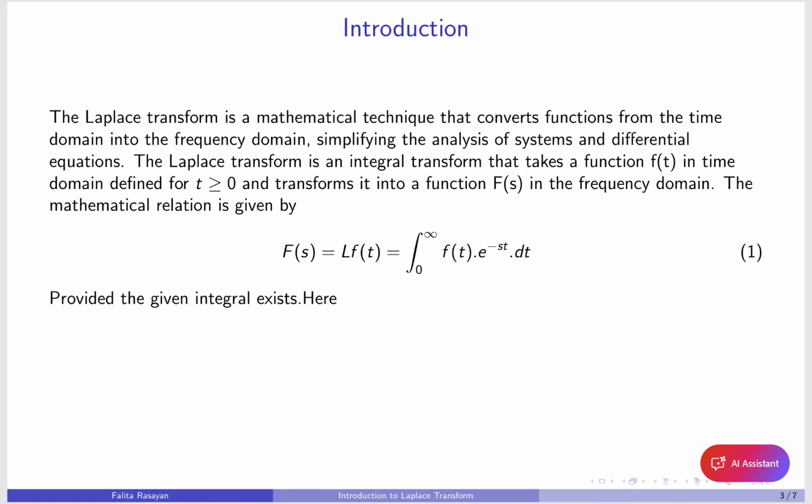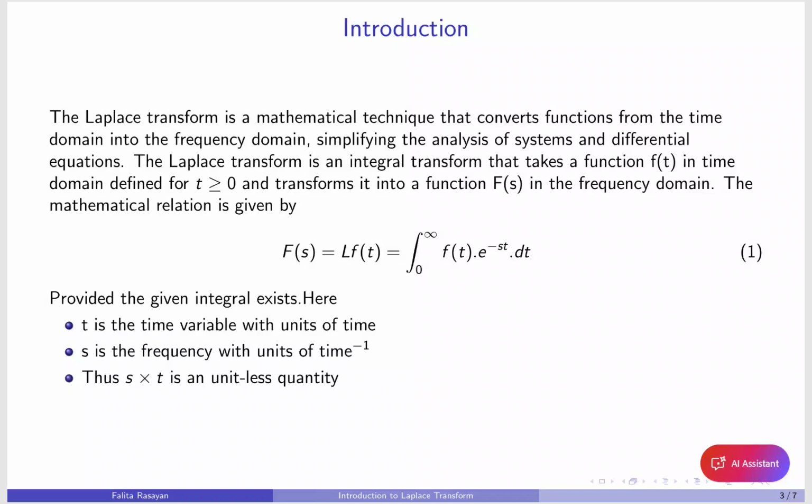which is the Laplace transform of f(t), equals the integration over 0 to infinity of f(t) times e to the power minus st dt. This formula we use to transform a function from the t domain to a function in the s domain. Of course, the integral should exist, otherwise there will be no Laplace transform for the said function.